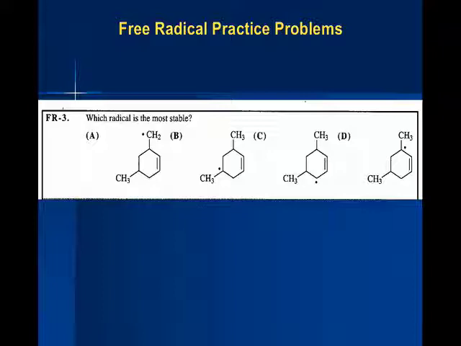See if we can build a consensus. You think it's D? It is D. You got it right. It is D. Why is D more stable than, let's say, B? They're both tertiary radicals.